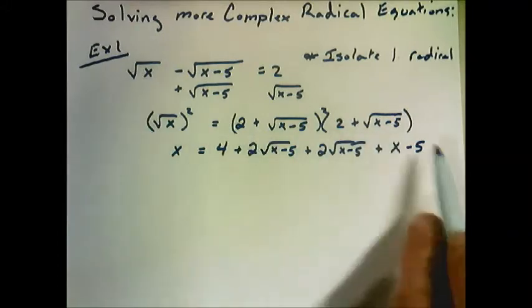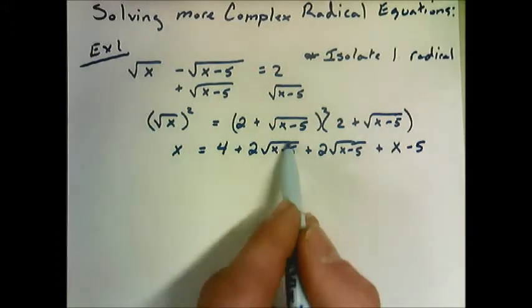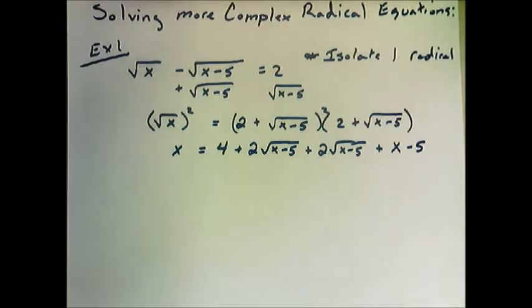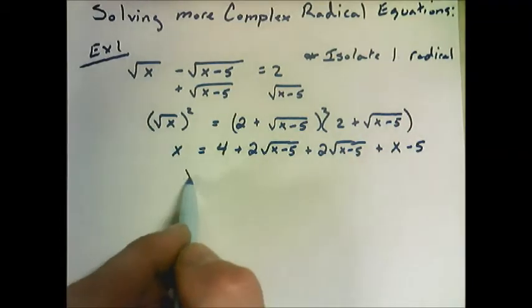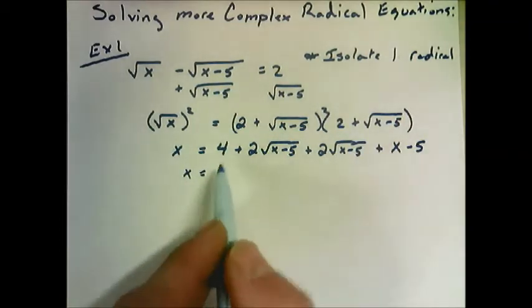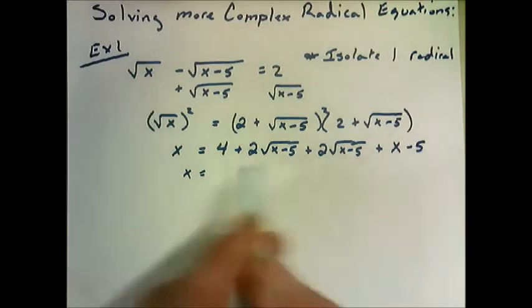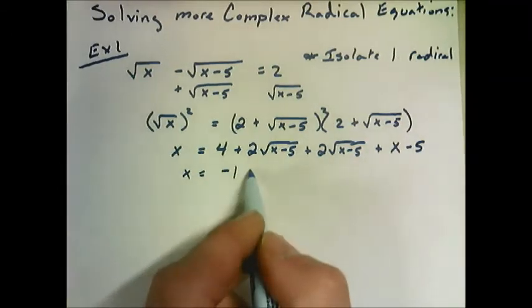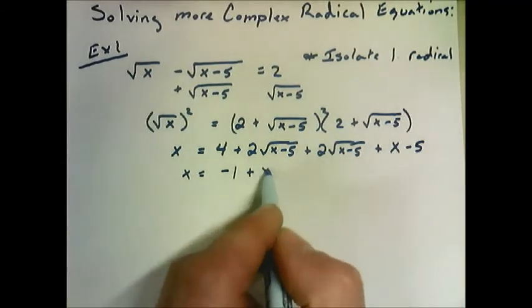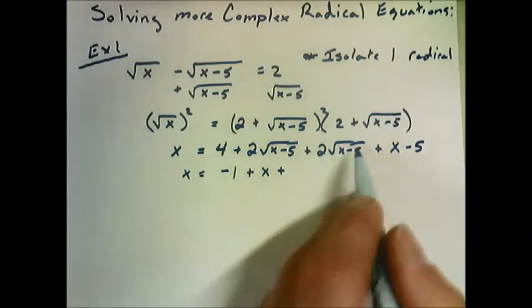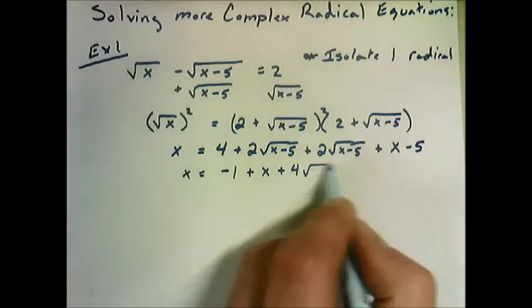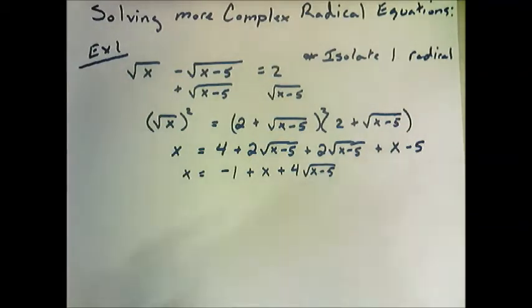Now, I want to go ahead and take this equation and solve for the square root in order to write my other equation. So let's go ahead and do that. If I simplify this right side, I have 4 minus 5, which is negative 1, plus my x, plus 2 radical x minus 5, plus 2 radical x minus 5 gives me 4 radical x minus 5.